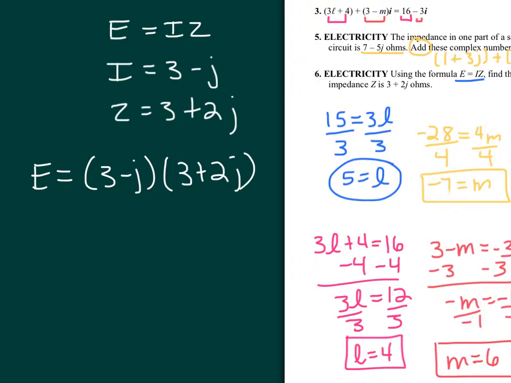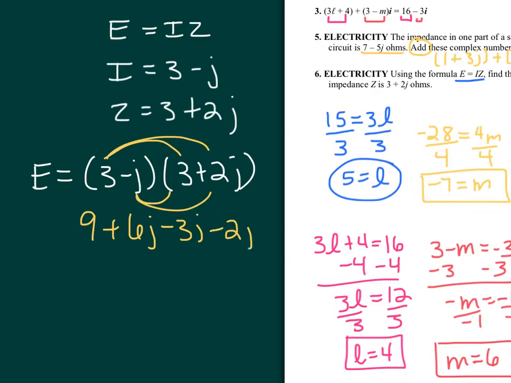Since I'm multiplying, I have to distribute. So 3 times 3 is 9. 3 times 2j is 6j. Negative j times 3 is negative 3j. And negative j times 2j is negative 2j squared.